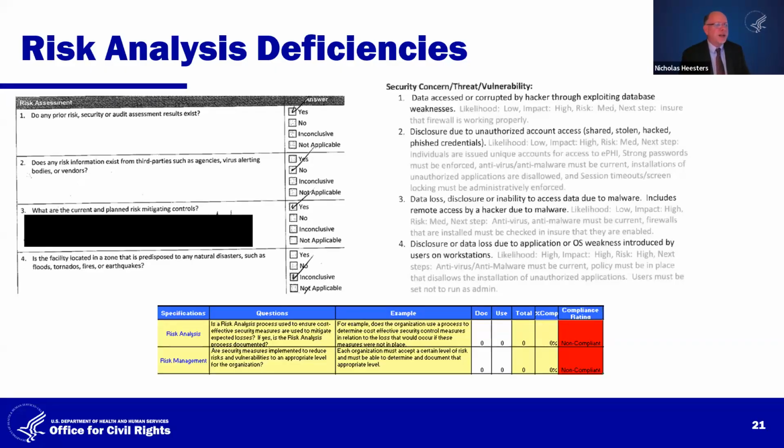We have risk identified: data could be corrupted by hackers exploiting the database weaknesses. What database weaknesses? What databases? What data? We're looking about ensuring that the firewall is working. What does ensuring the firewall working mean? Does that mean we're talking about ensuring that proper firewall rules are in place?